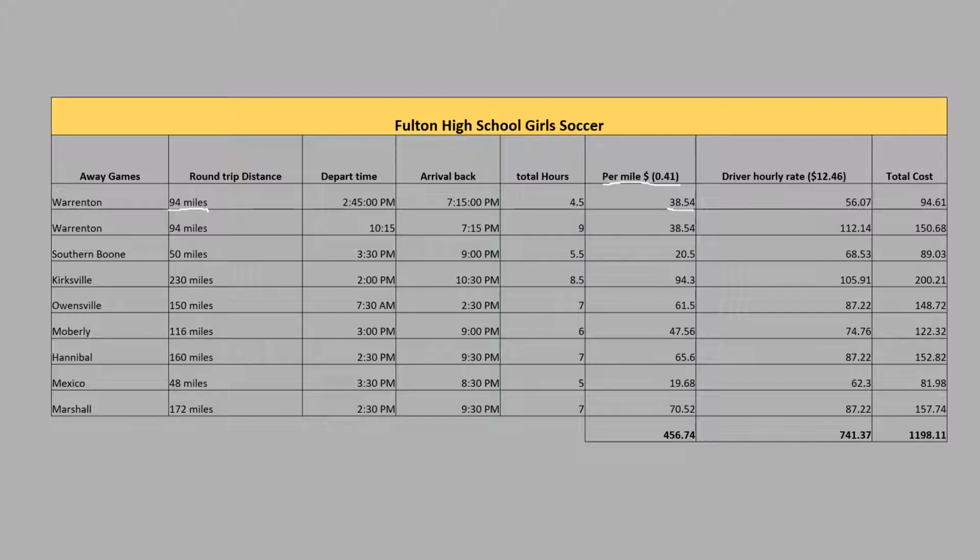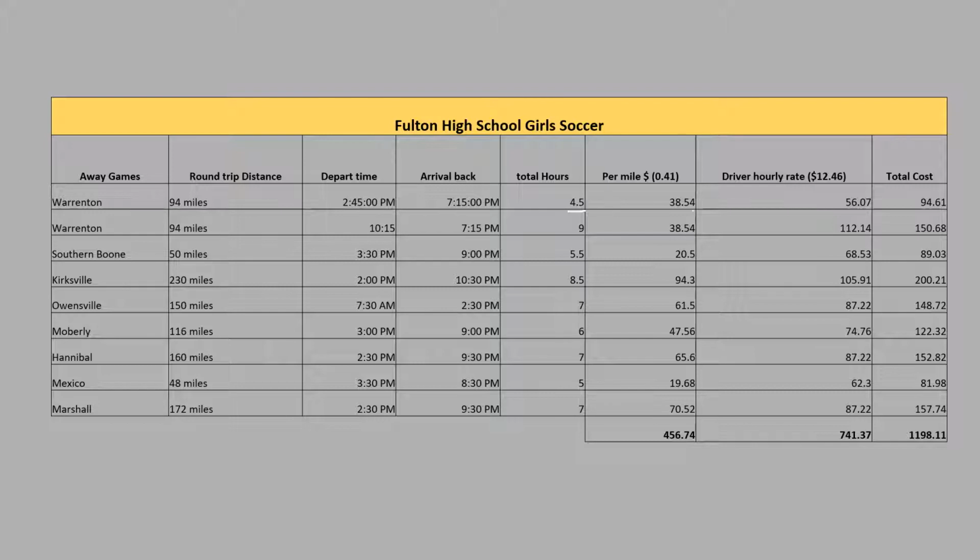The next column that I looked at was the driver hourly rate. To come up with that, I simply looked at the total hours. So in this first column here was 4.5 hours.